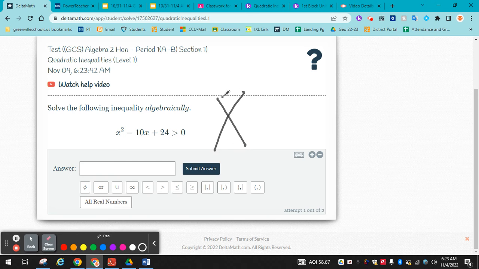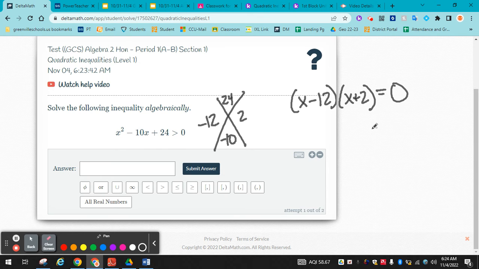You can use the quadratic formula if you just refuse to practice your factoring, but it's a good day to practice factoring. What is that? 2 and 12? 12 and 2, add to a negative. Want the bigger number to be negative. So x minus 12, x plus 2 equals 0. So x minus 12 equals 0, x plus 2 equals 0, x equals 12, x equals -2.